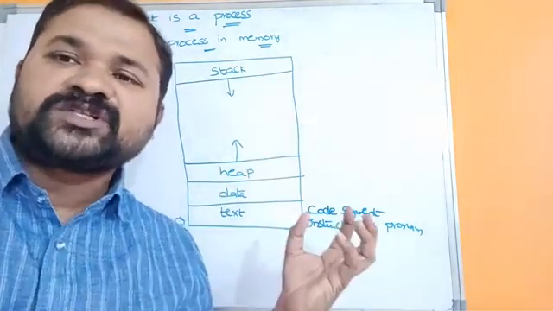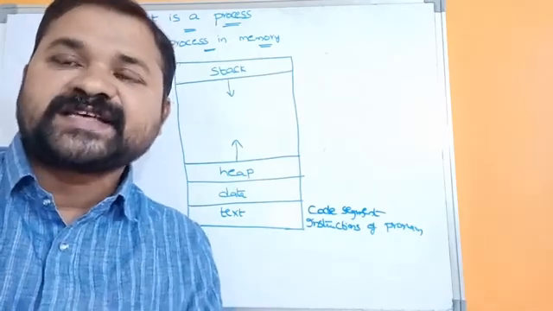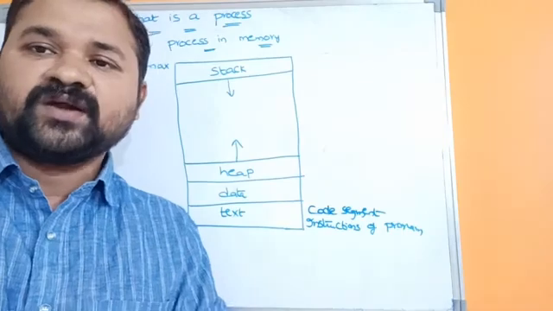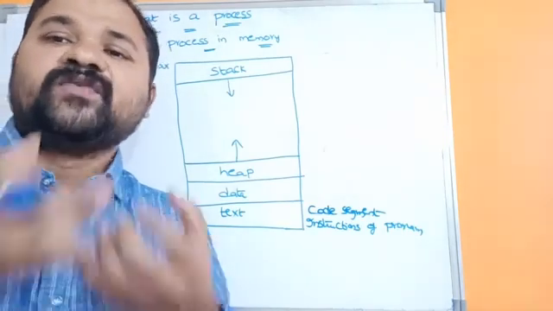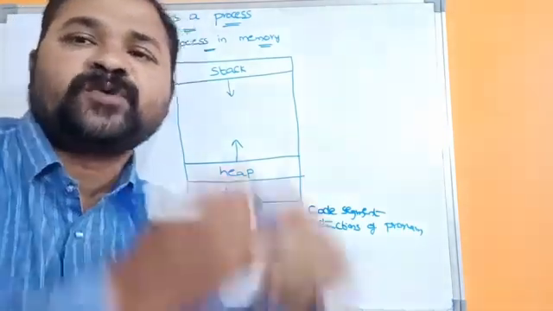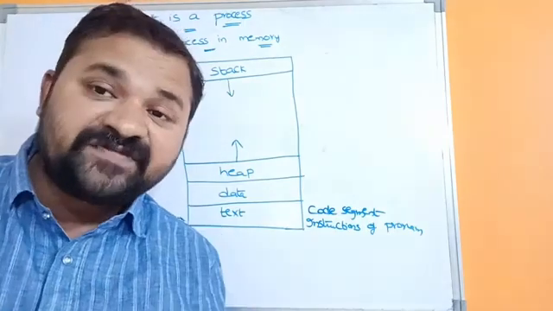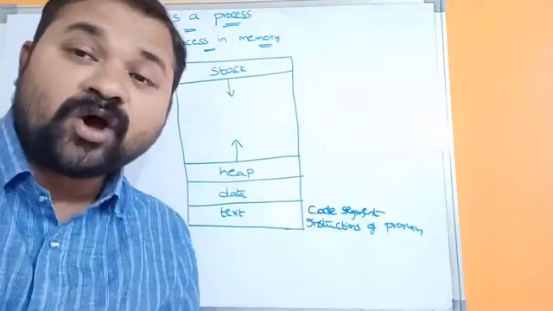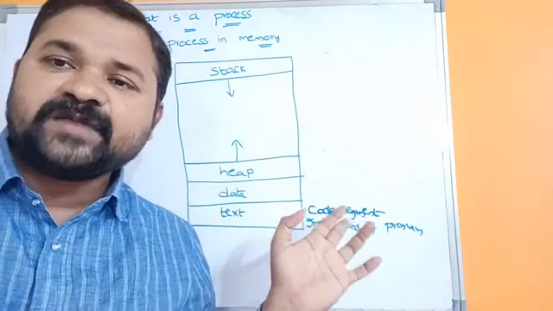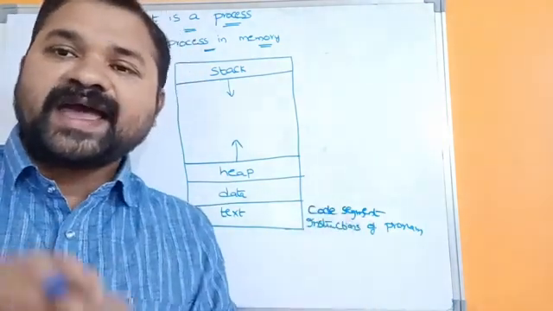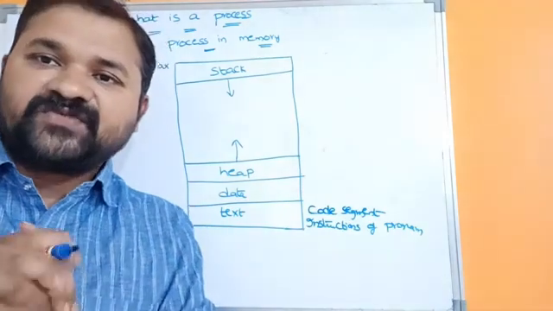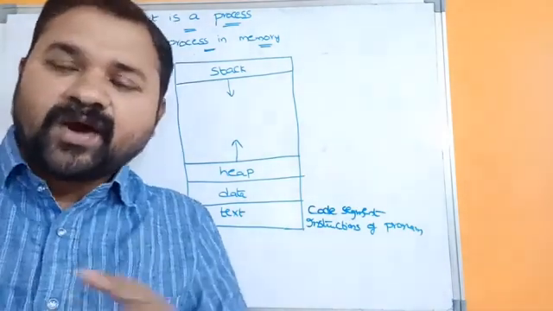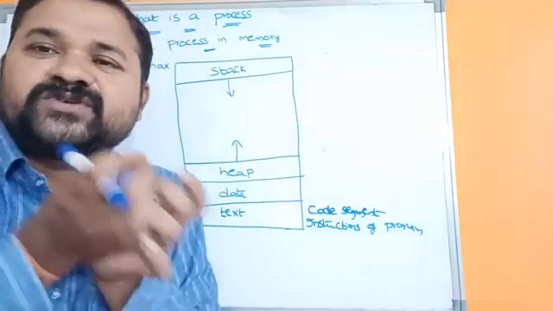Now let's see what is the data segment. It mainly stores global variables as well as static variables. We know what is a global variable. Global variable means we can use that variable throughout the program. Let's say we have 100 functions in the program. If we want to use a common variable in all the 100 functions, then we can make use of a global variable. And we know about static variables. For a static variable, the memory will be created only once and all the functions will make use of that variable.